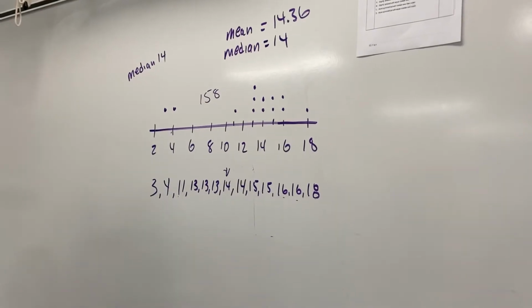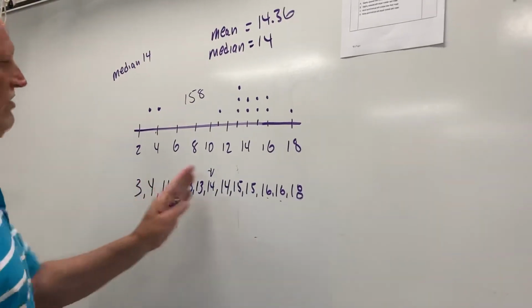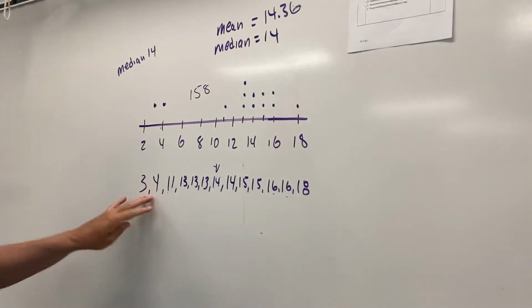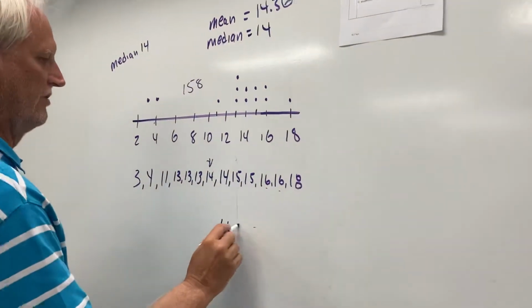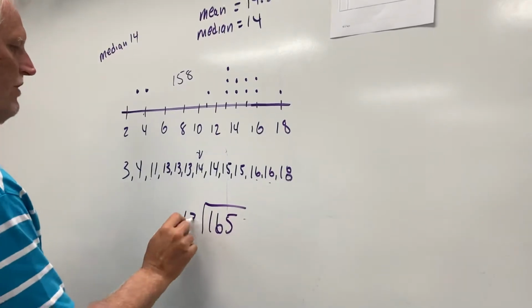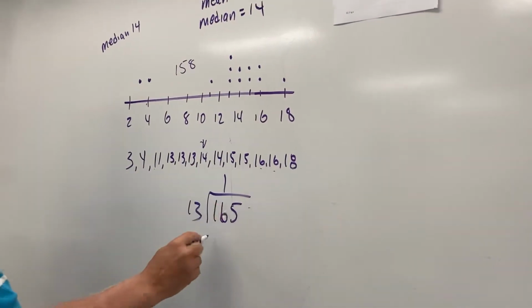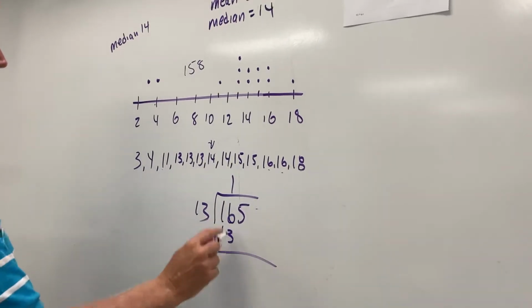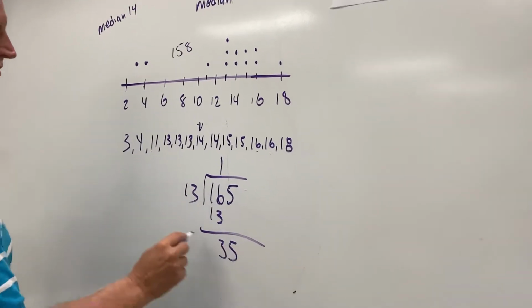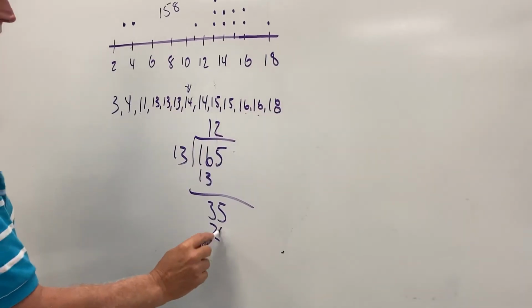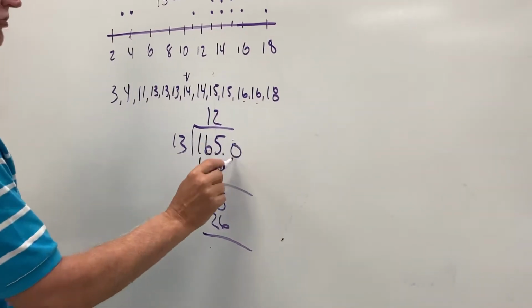Okay? So then I know that these all added up to 158. So then 158 plus 7 is going to be 165 divided by 13, because now I have 13 numbers. Goes in one time, which is 13. Subtract, you end up with 35. 13 into 35 goes 2 times, which is 26. Annex 1, 0.